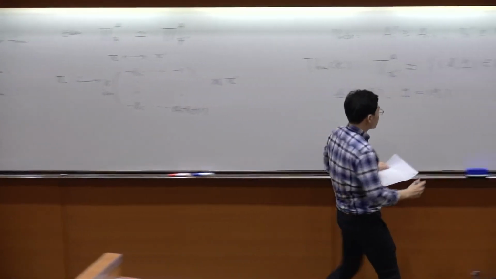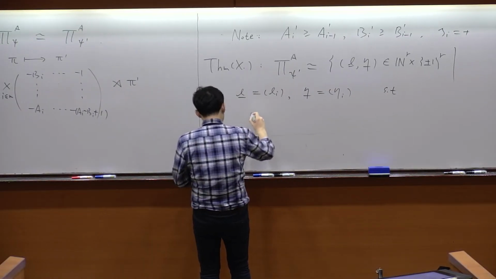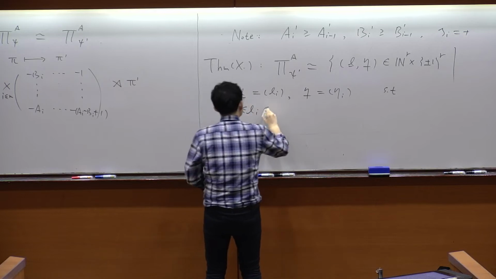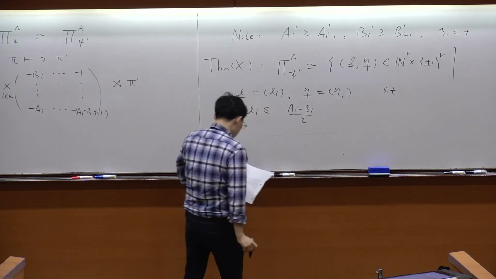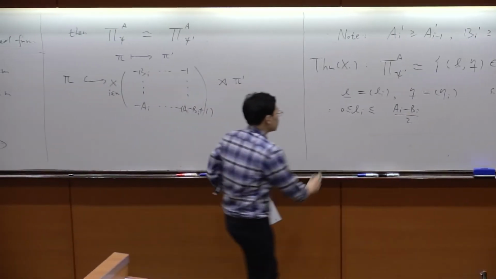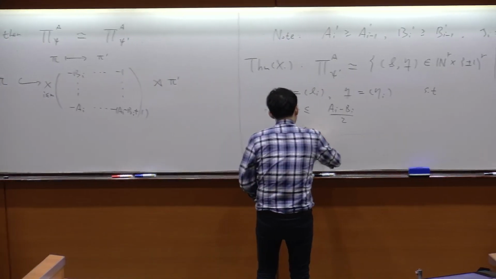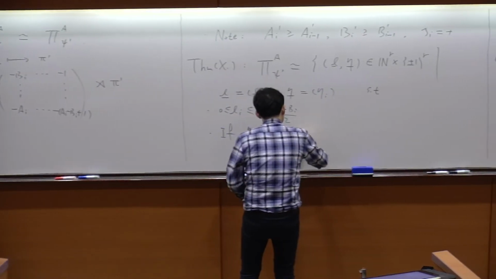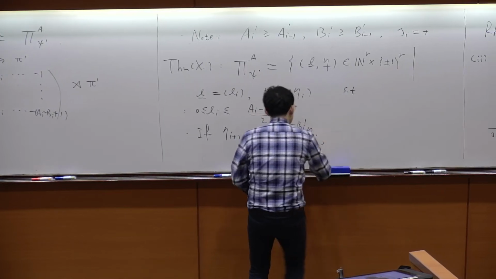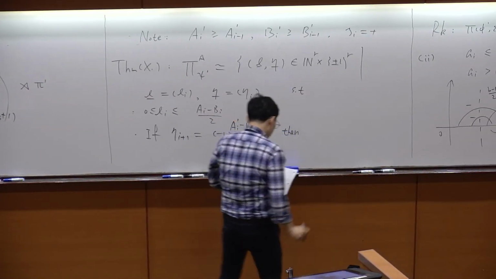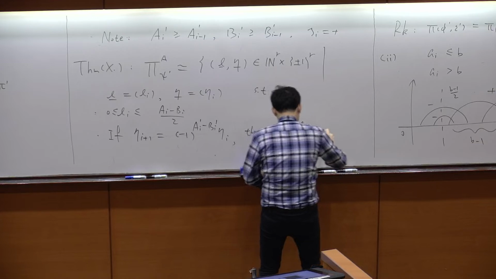First of all, for each of these intervals, we want L_i to be between 0 and half of A_I minus B_I. And then for the eta, if we have eta_(I+1) equal to eta_I, where A_I prime minus B_I prime is half, then we want the following to hold.